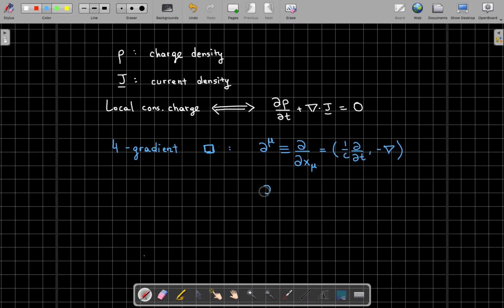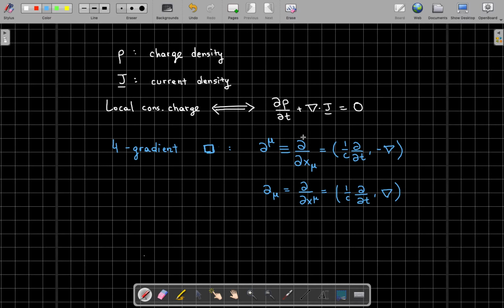Now, by similar logic, we can also write the covariant components of the four-gradient, and the zeroth component remains the same, of course, while the spatial components have a change in sign. Okay, wonderful. Now, why is this useful?